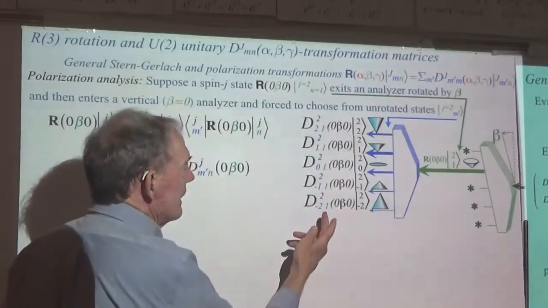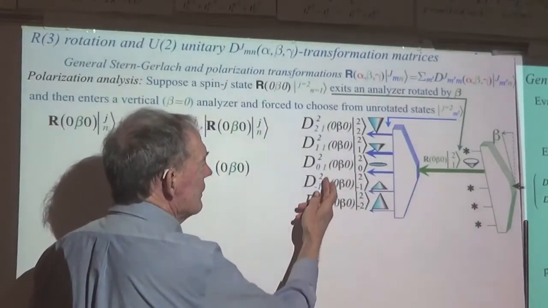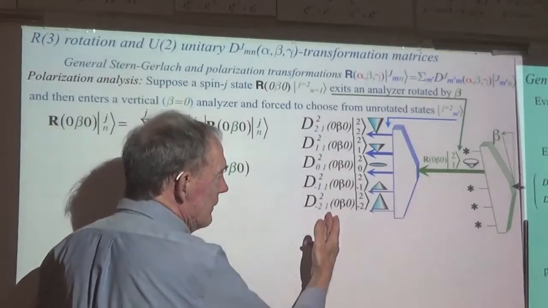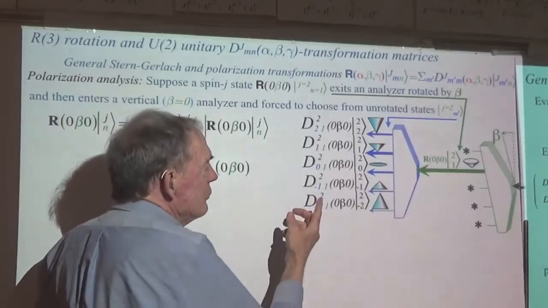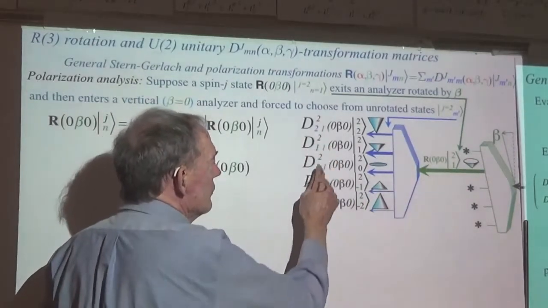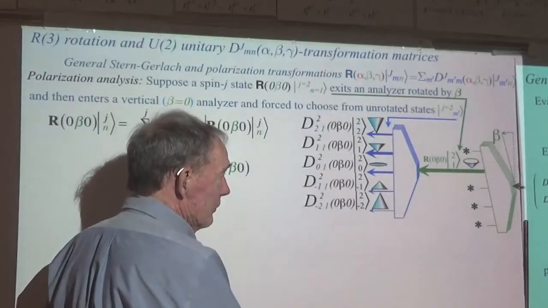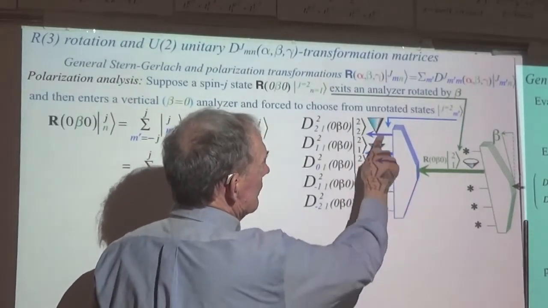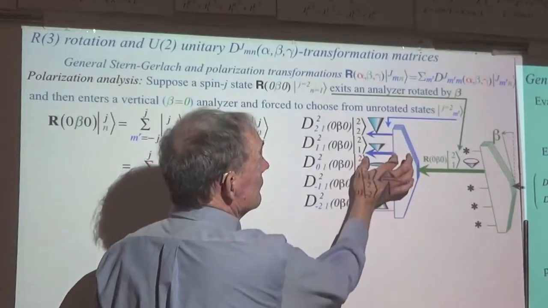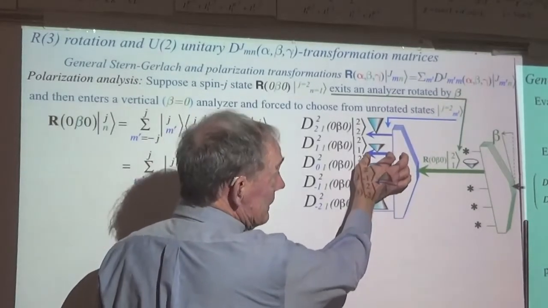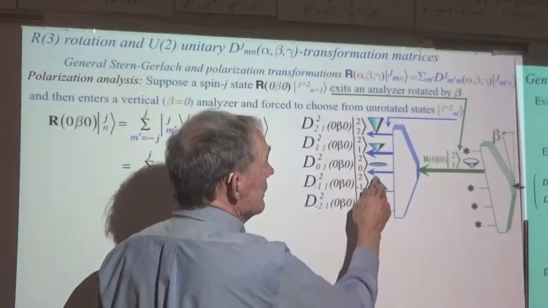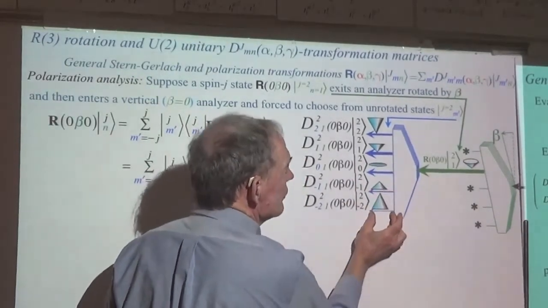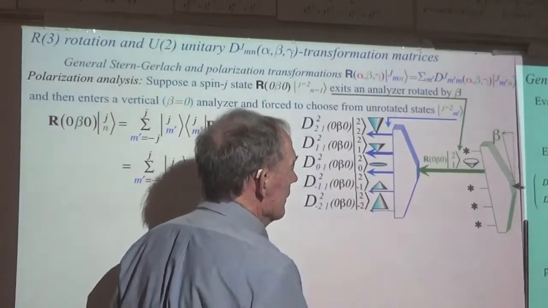So we're going to be looking at all the D functions associated with something that came in as 1 and then was forced to maybe choose 2, 1, 0, -1, or -2. So a certain amount of states are going to come out of here. I'm imagining a pretty large number, and then a very large number here, because beta is pretty close to 0, and then a smaller number here, an even smaller number here, and a very minuscule number down here.